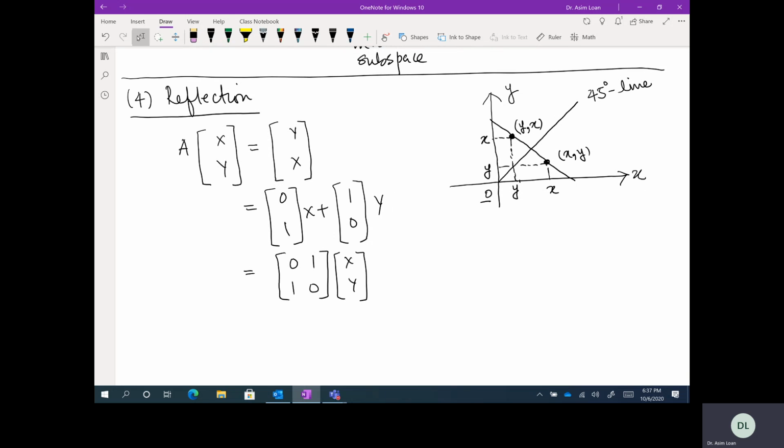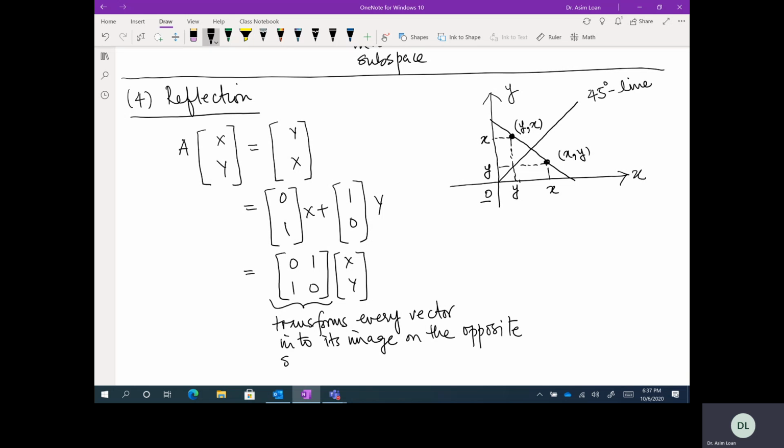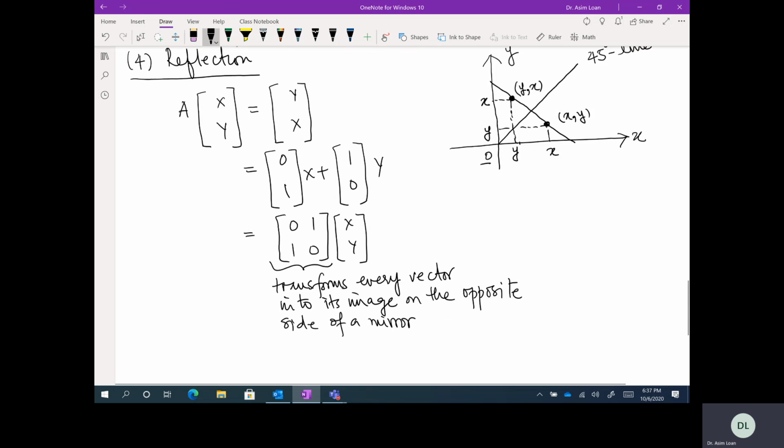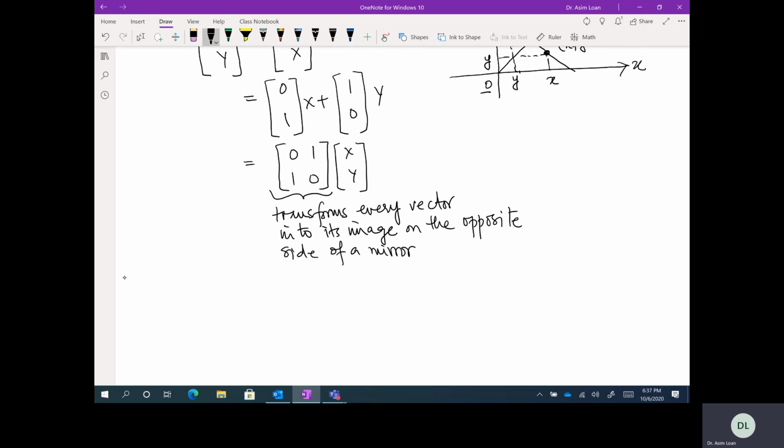So this matrix transforms every vector into its image on the opposite side of the mirror. Okay, so we'll come back to these four transformations in a little while.